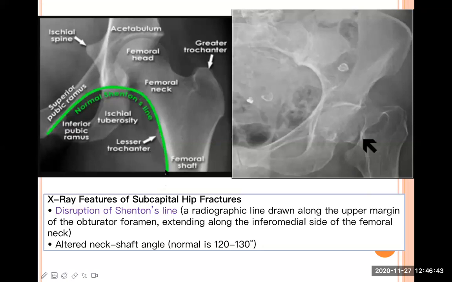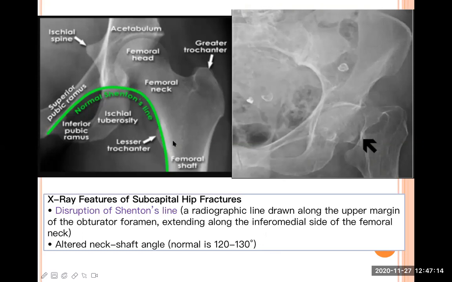So draw a line from the inner aspect of the proximal part of the femur and go towards the pelvis. It will go through the pubic ramus. It is normal. Now, if this line is disrupted, that means there is something wrong. Either there is dislocation of the femoral head or there is fracture of the femoral neck with displacement.